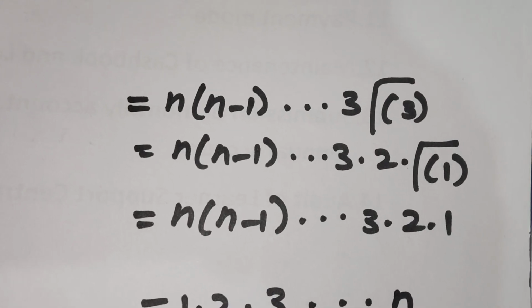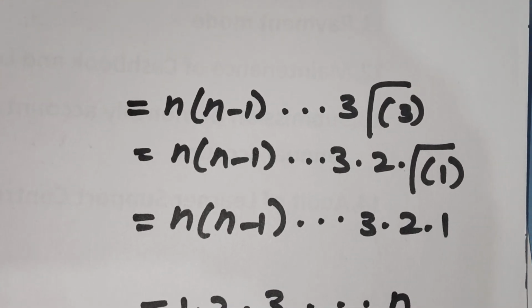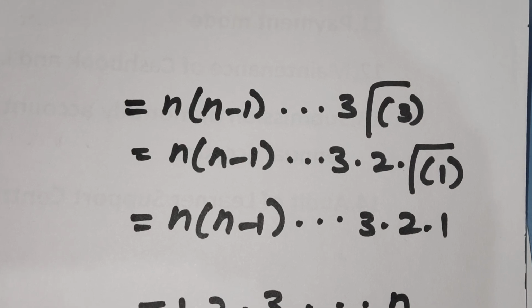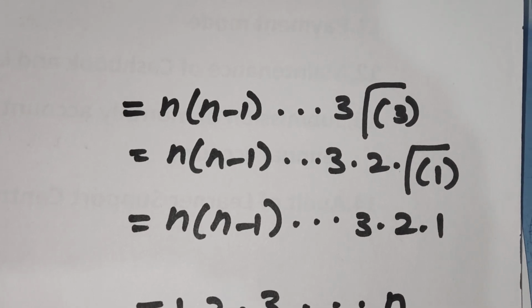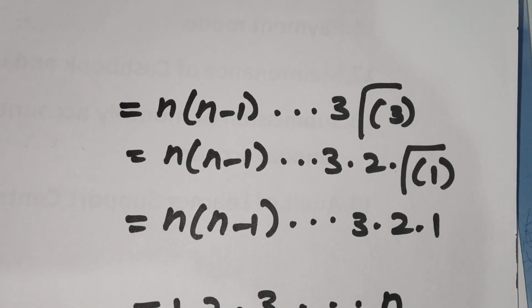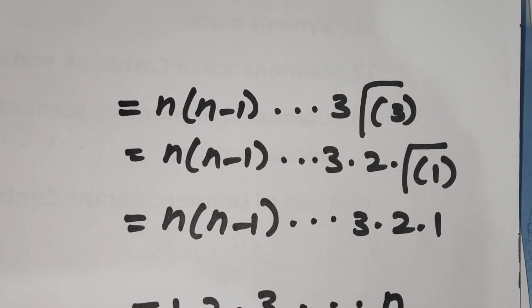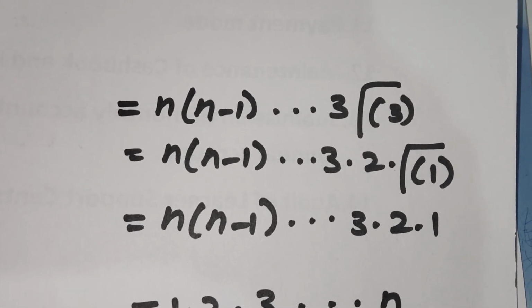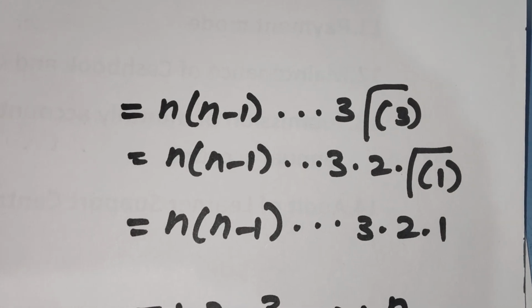That is equal to n, n minus 1, n minus 2, etc., 3 into 2 into 1 into gamma 1. But we know that gamma 1 is equal to 1.